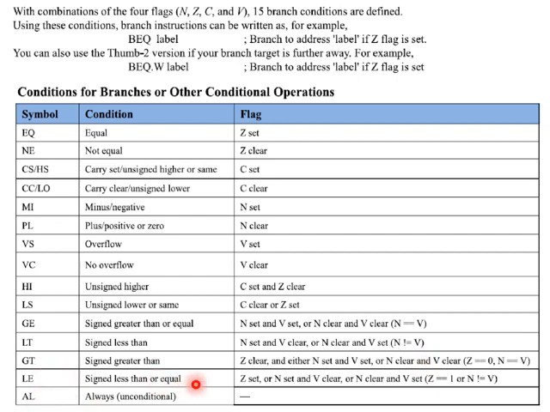Another condition is less than or equal. When you see less than or equal, we actually check again three flags here. One is zero flag, another one is negative flag, and another one is the overflow flag. Okay, so when you check the zero flag, it should be set. Okay, or even the negative flag should be set.